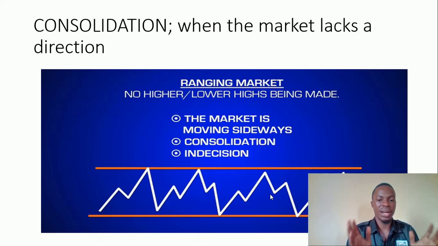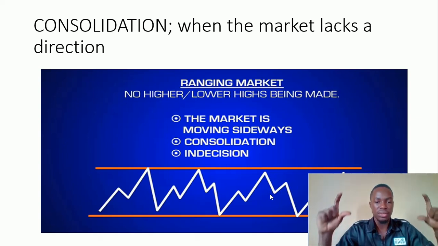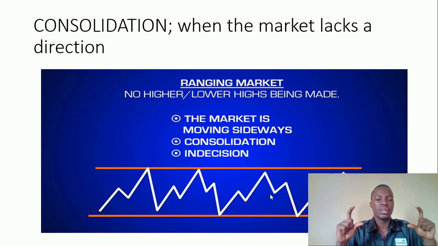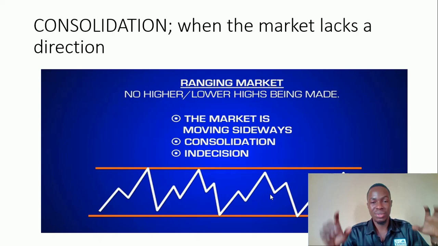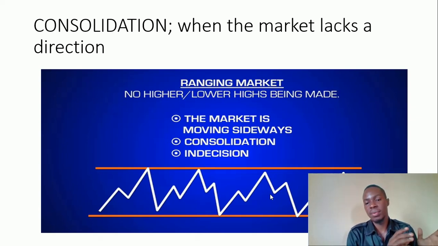So if you find a token or a coin consolidating for so long in a particular zone, or trading within a particular zone for a very long time, you should study well and expect it to move massively in a particular direction. It's either going to nosedive and engage in a very serious downtrend, or it's going to shoot up and engage in a very serious uptrend.